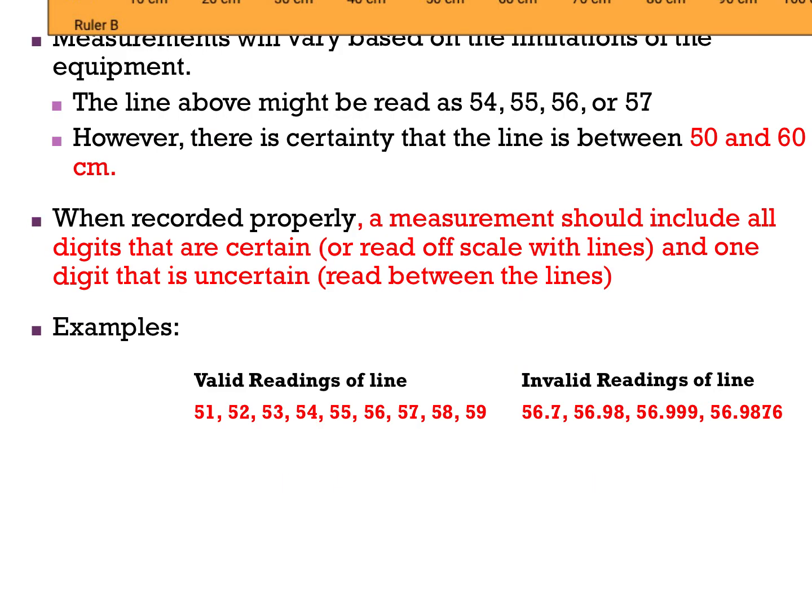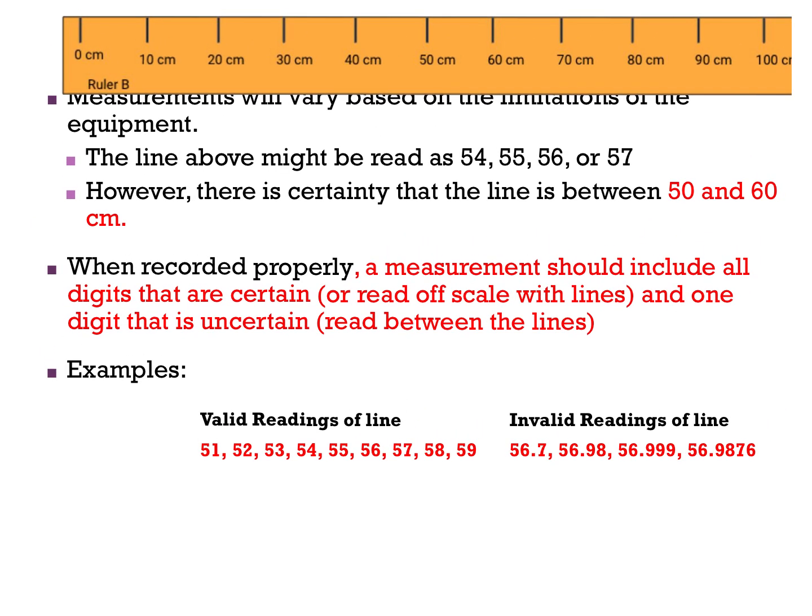Okay, and then let me show you some invalid readings of the line. So 56.7 would be invalid. Okay. The reason is we know the line was past 50, but are we even certain it's 56 something? Okay. We're not certain about the 6, so by writing 0.7, we're now guessing 2 digits, right?